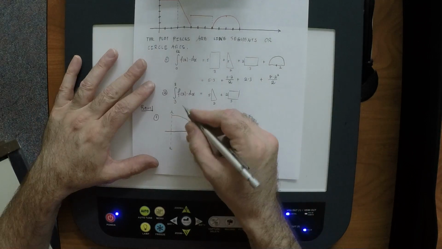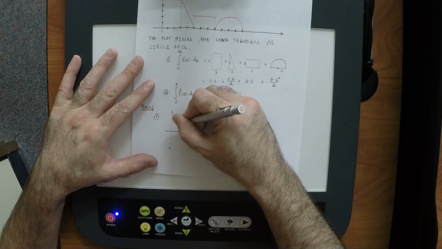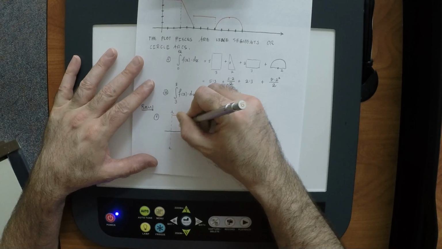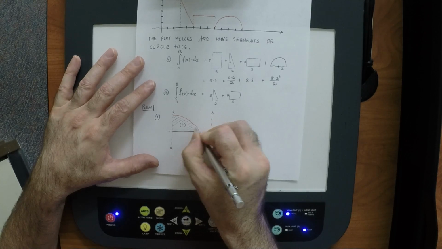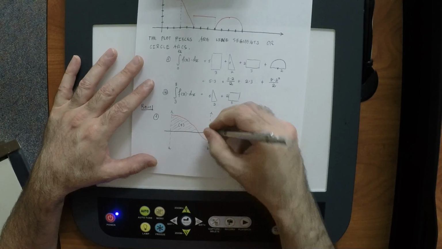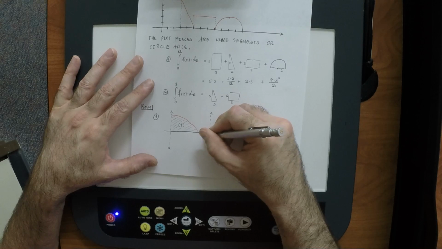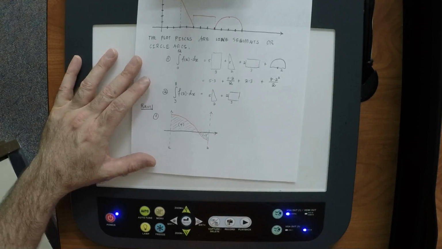Now, that means that this area that is above the x-axis, where the integral is concerned, will be construed as a positive area, and this area that is underneath the axis, a negative area.